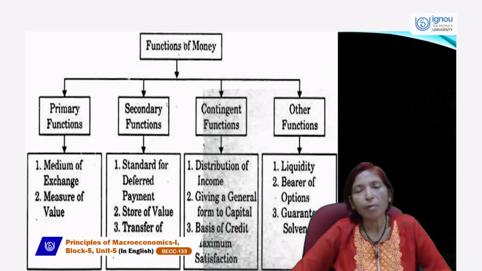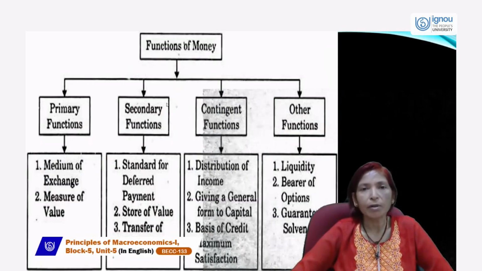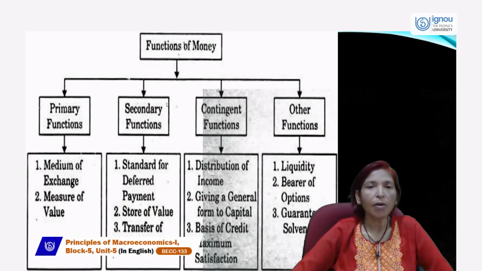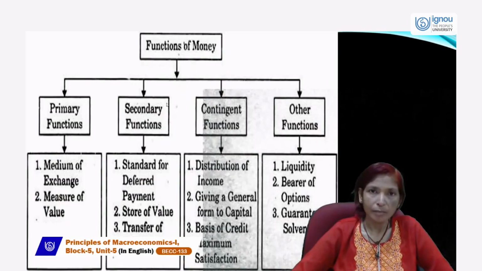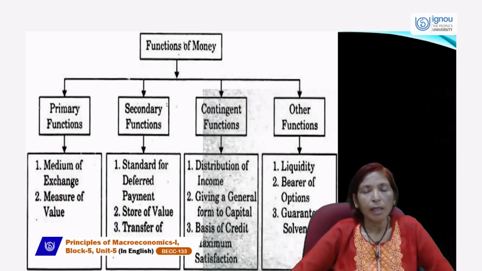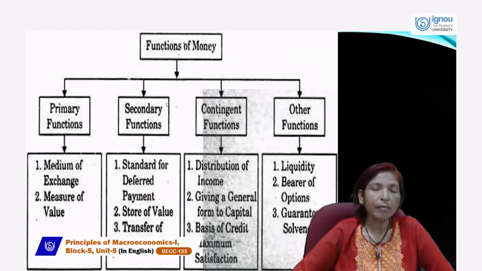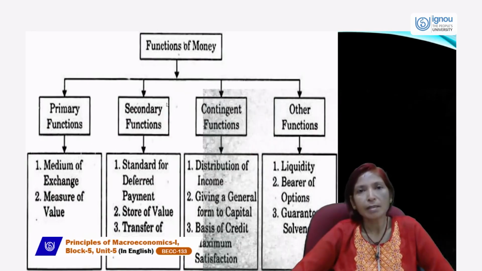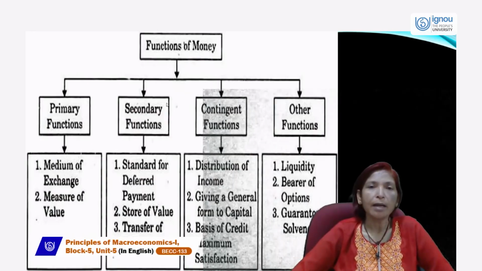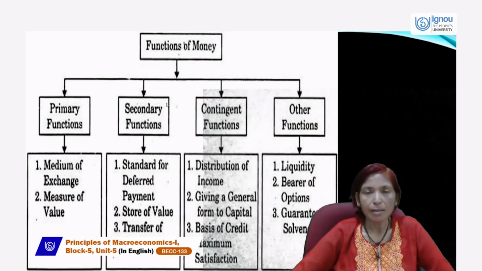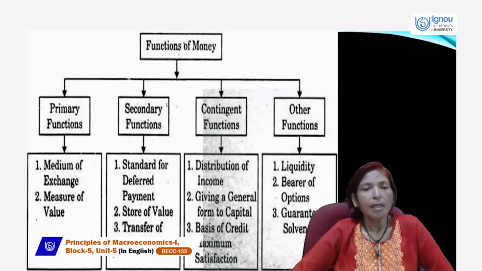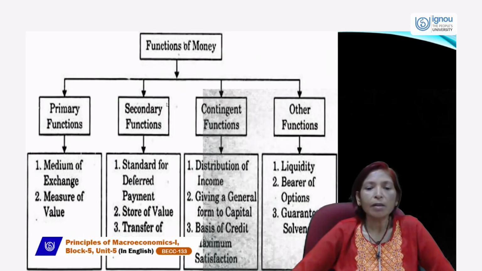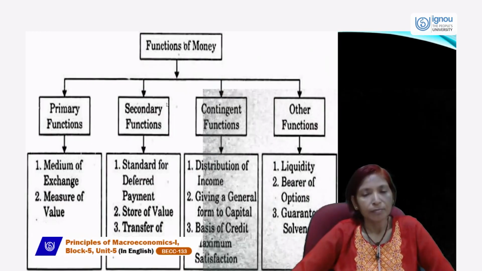So money plays a very important role in distribution of income to all factors of production. The reward for using land is rent, labor's reward is wages, capital's reward is interest, and the entrepreneur's reward is profit.